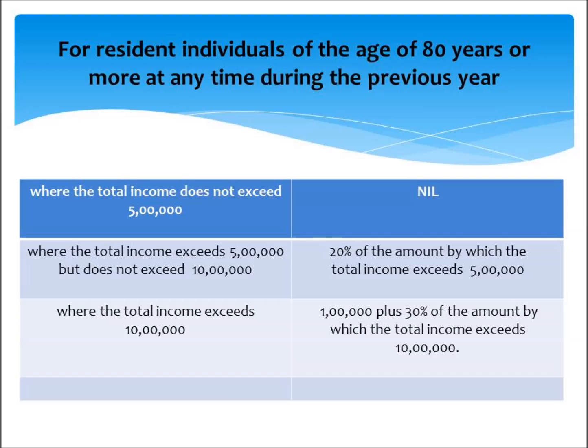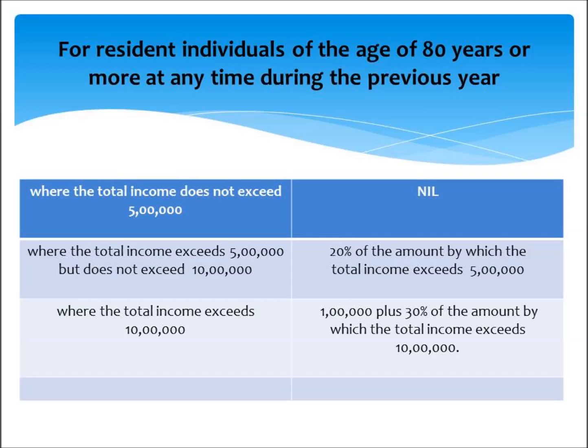So when the income exceeds rupees 10 lakh, the income tax liability will be 1 lakh plus 30% of the amount by which the total income exceeds rupees 10 lakh. So if I am earning rupees 12 lakhs, my income is 12 lakh for any year, I will be liable to pay income tax equal to 1 lakh plus 30% of the amount exceeding 10 lakh, and that is 2 lakhs.